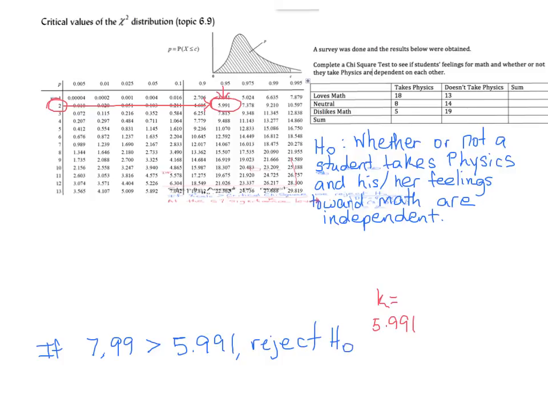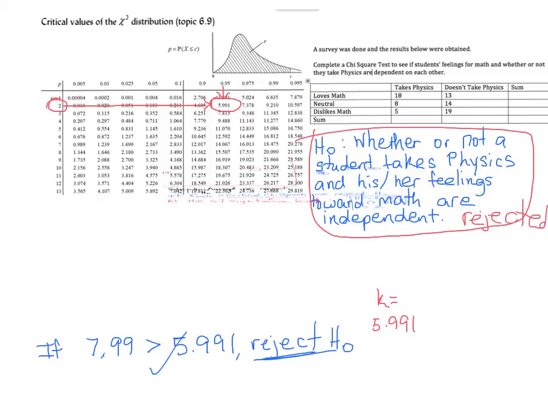Since this is in fact true, we do have to reject the null hypothesis. The null hypothesis over here states that whether or not a student takes physics and his or her feelings for math are independent. This statement must be rejected. Therefore, the alternative is true, and whether or not a student takes physics and his feelings toward math are therefore dependent on each other.